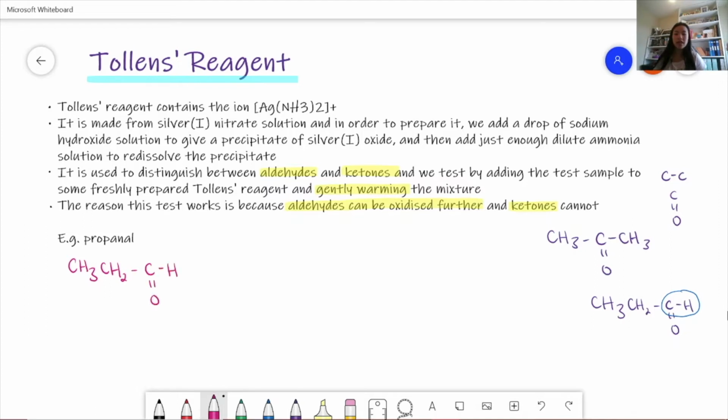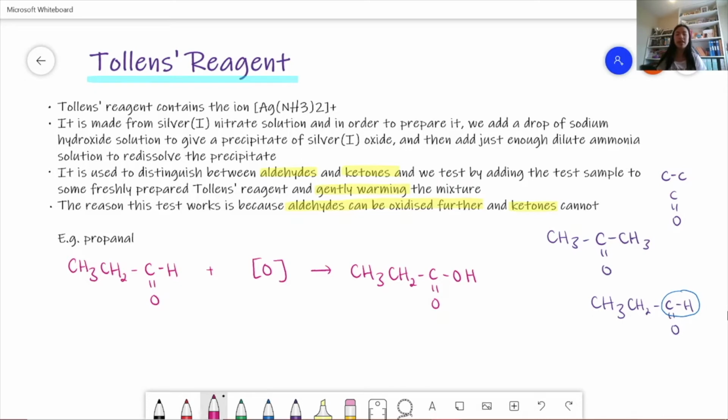We add some of this Tollens reagent, so some oxidizing agent, which I'm going to represent by a square bracket O, and then we form propanoic acid: CH3, CH2, and then C double bond O, OH. The equation is already balanced, and so this is our oxidation equation for propanal.